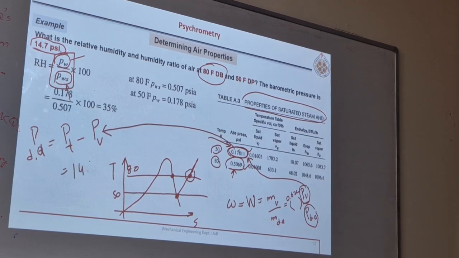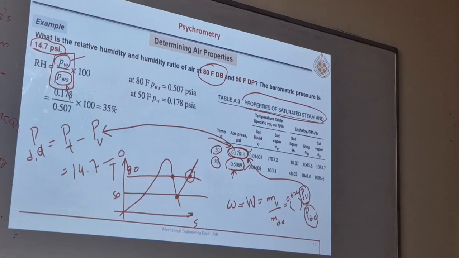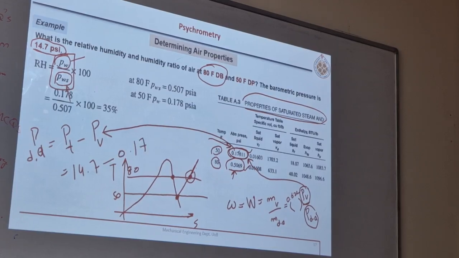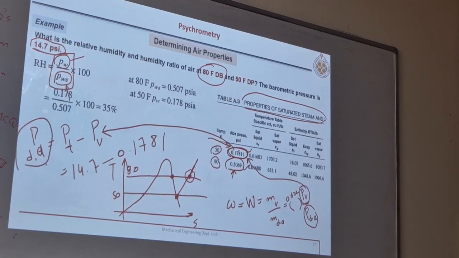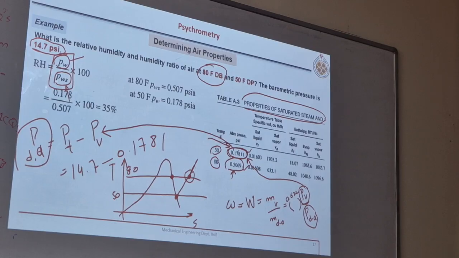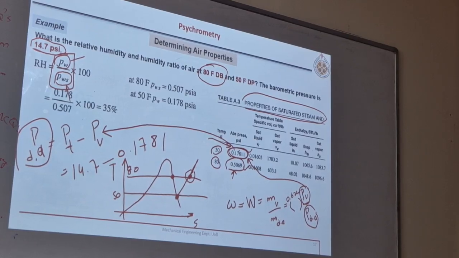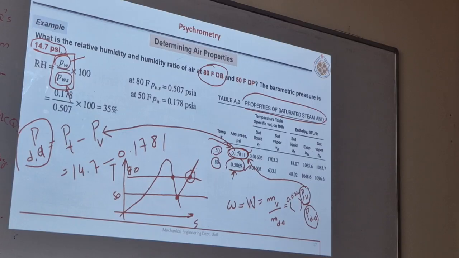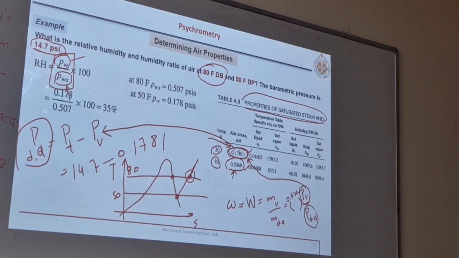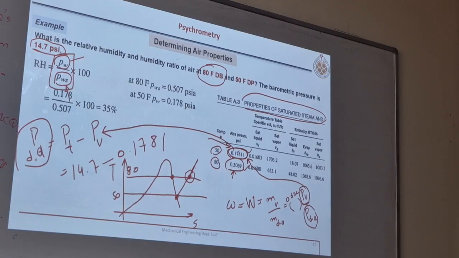So it will be 14.7 minus 0.1781. That will be P of dry air, which is used here in the definition of specific humidity. So we can find the PV over PT minus PV.